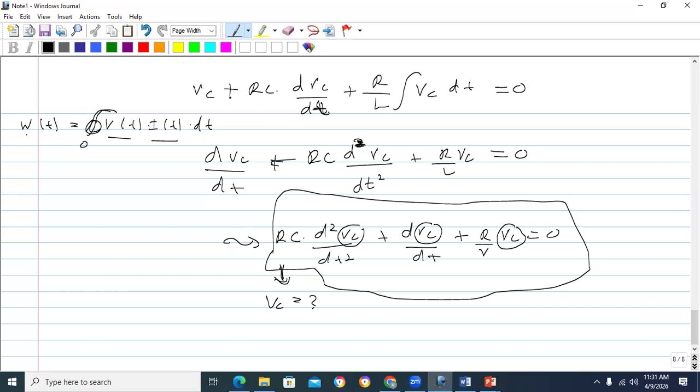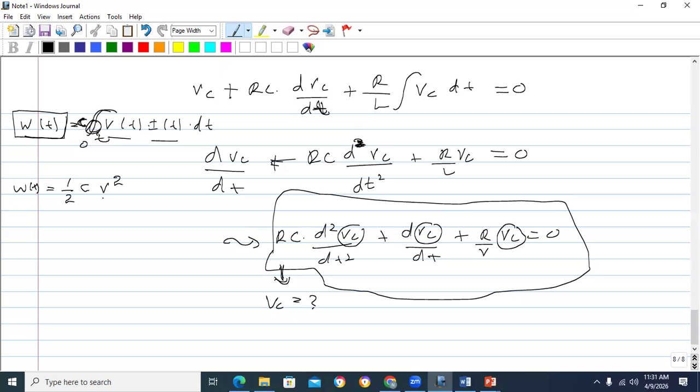So you can find the energy stored in this capacitor. The C is also there, within some time period. And this can be simplified as half C V square. Wt is half C V square.